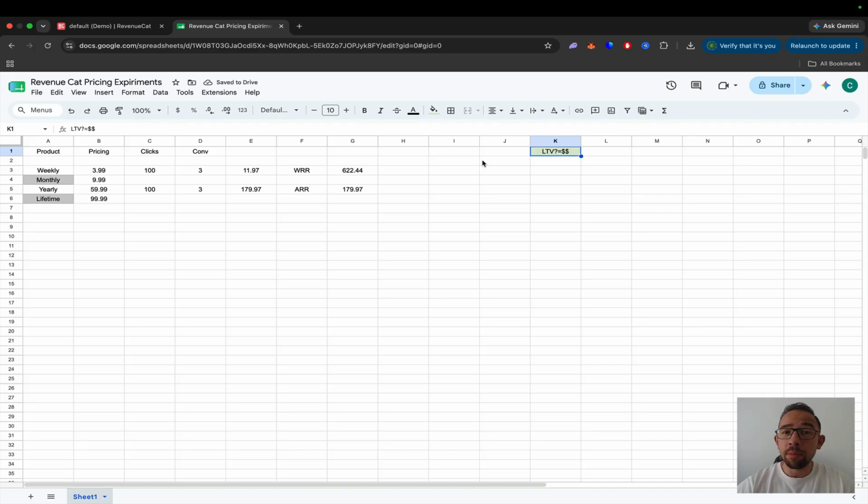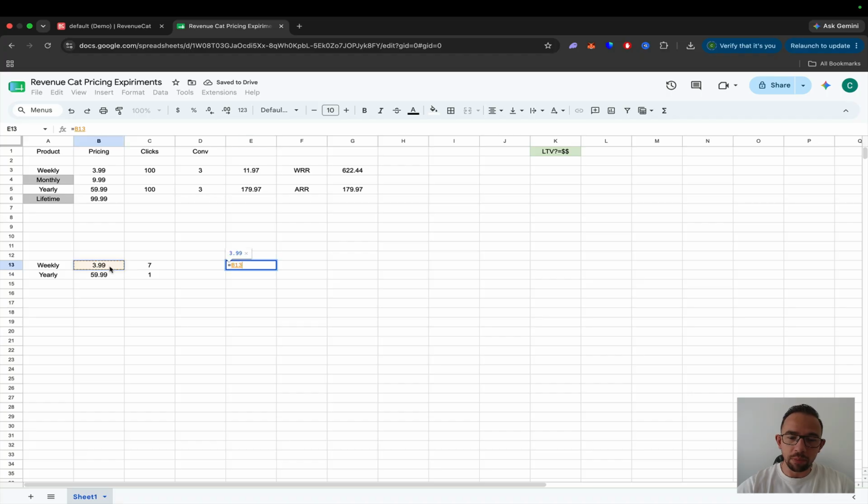Now, does it matter to you if the user chooses weekly or yearly? It shouldn't. All that matters in this experiment is where the highest lifetime value comes from, meaning which user gives you the most amount of money. Again, I'll give you the example. If a weekly user pays $3.99 and a yearly user pays $59.99, the average weekly user stays for 7 weeks and the average yearly user stays for 1 year before they cancel, right?